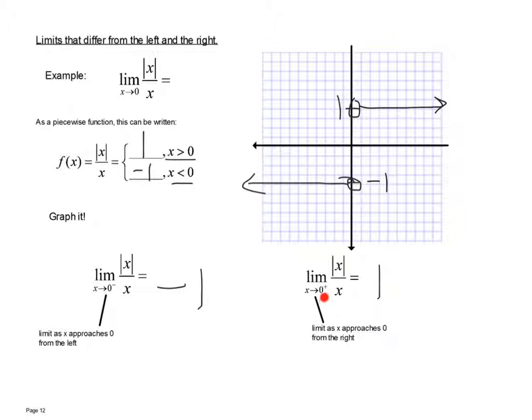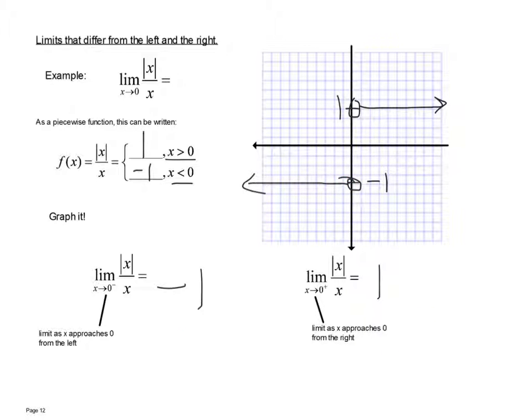This little plus sign means I only care about if I'm traveling closer and closer to 0 coming from the right. So as I come from the right, I'm getting closer and closer to 1. Actually, I'm 1 consistently all the time. And same thing, if I'm coming from the left, I'm consistently -1 all the time. So my limits differ.